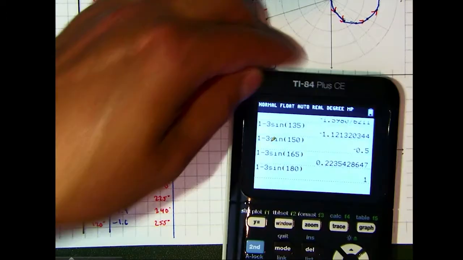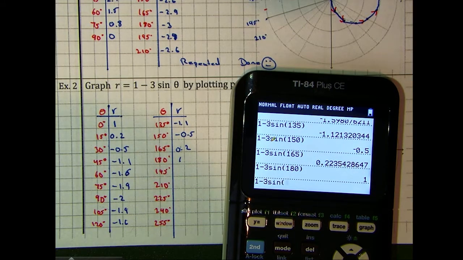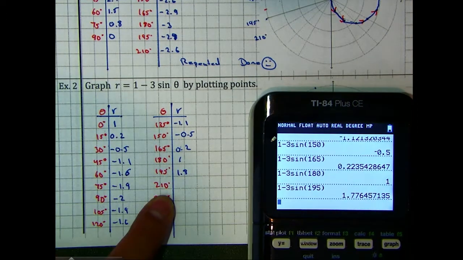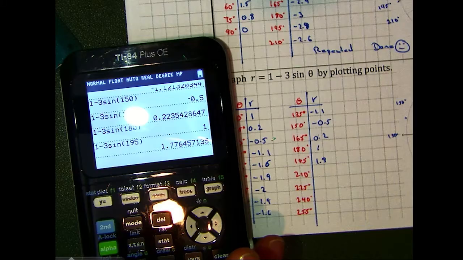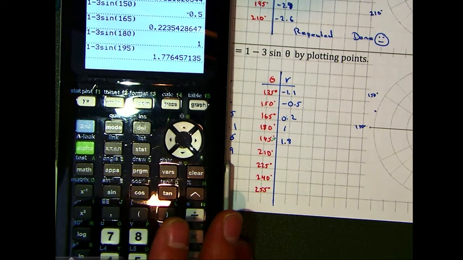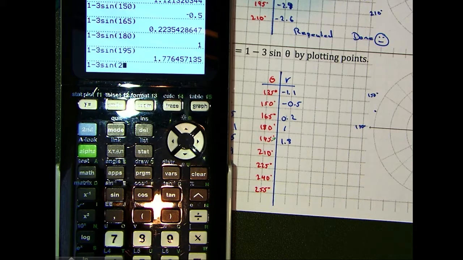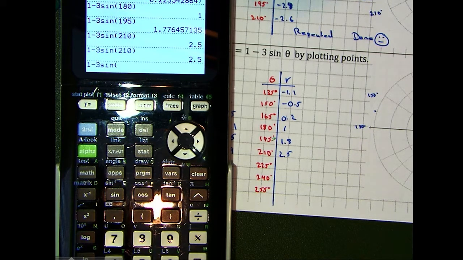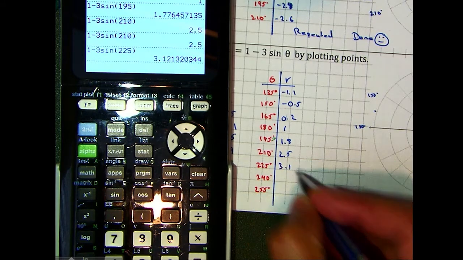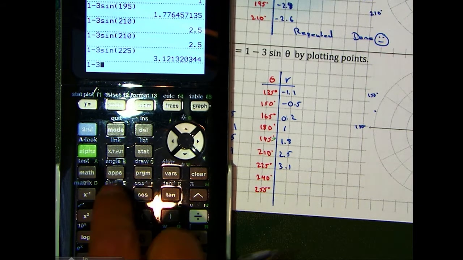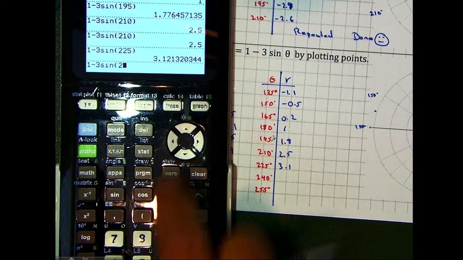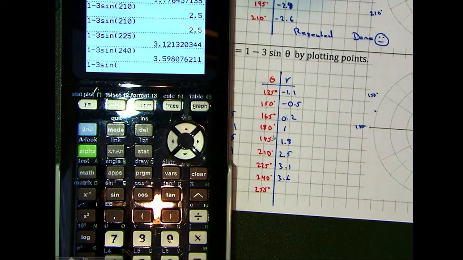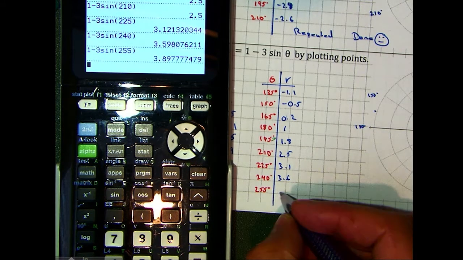Let's continue. 195, 1.8. 210, 2.5. 225, 3.1. 240, 3.6. 255, 3.9.